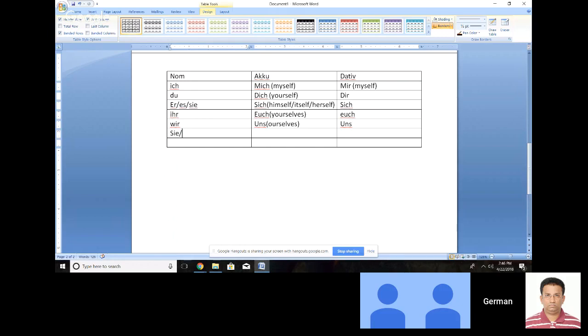Small sie and the capital Sie are sich, which is themselves or yourself. Okay, these are reflexive pronouns.